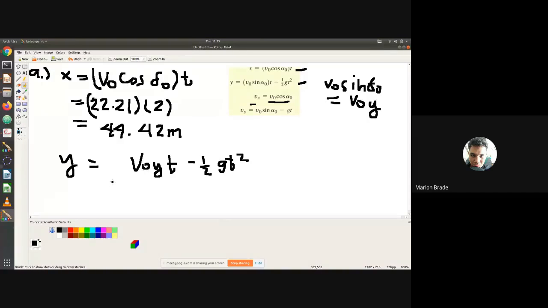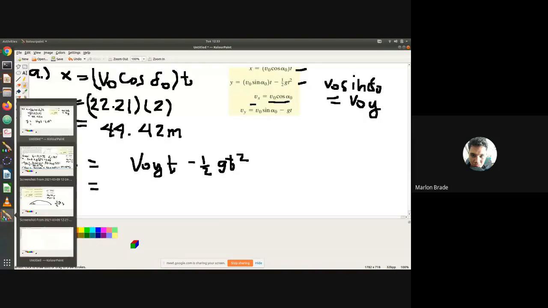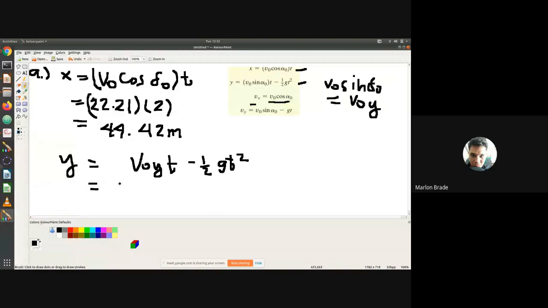Okay? So this is just equal to v naught y, which is 29.58, multiply by t, which is 2 seconds, minus g, which is 9.8, divided by 2, this is 4.9, multiplied by 4, since 2 squared is 4.